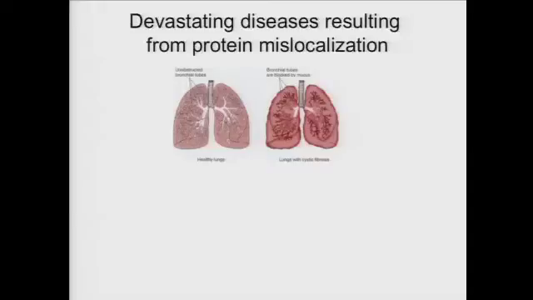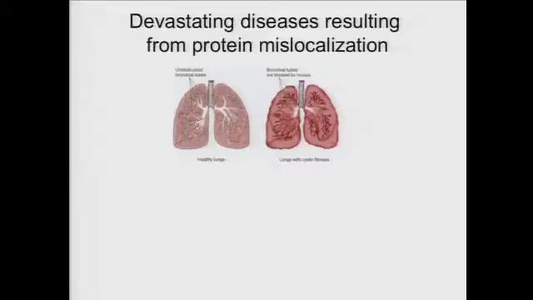So here's a picture of the lung from a normal person where all of these airways are clear. Now, this is the lung of a cystic fibrosis patient. What happens is that there's a protein, the cystic fibrosis receptor, that should sit on the cell membrane, and it mediates a flow of chloride ions in and out of the cell. And patients with cystic fibrosis carry mutations in that protein that prevent it from getting to the cell surface.